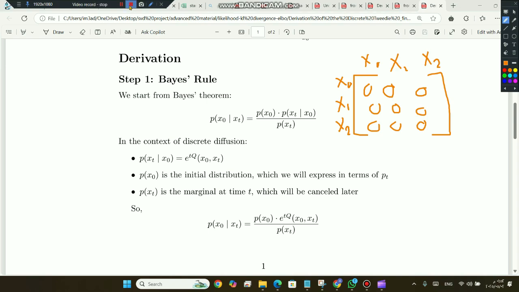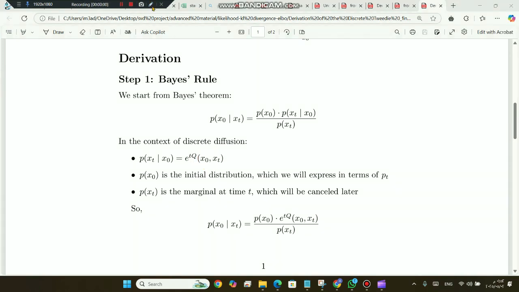So this is why we say that the probability of xt given x0 will equal this particular element from the matrix of the solution. All right, so we went forward and substituted for this part by this equation over here.